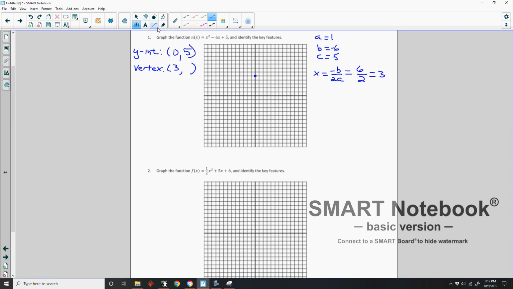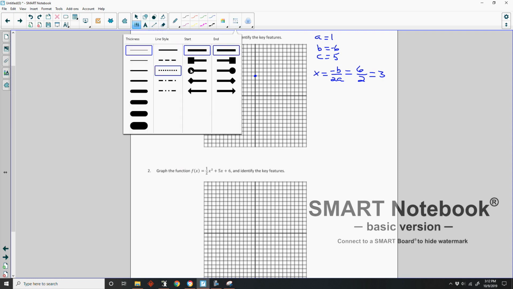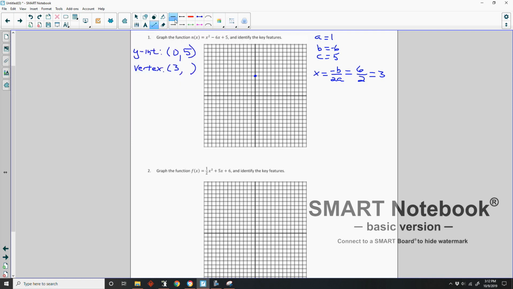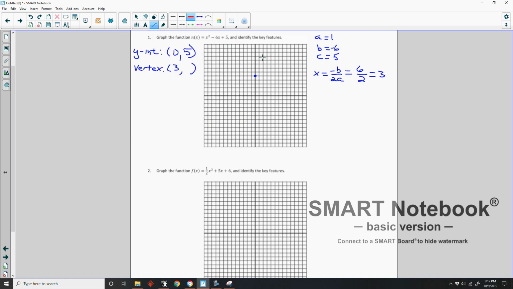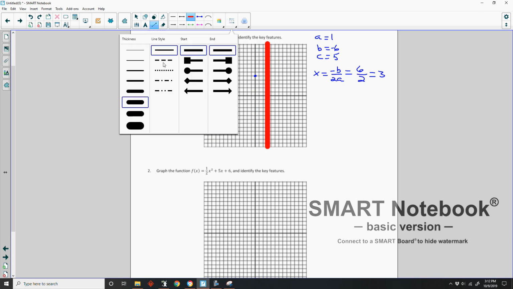So now I know that I have a line of symmetry. Let's do it this way. So my line of symmetry is at 3. That's a little thick, so I'll fix that.